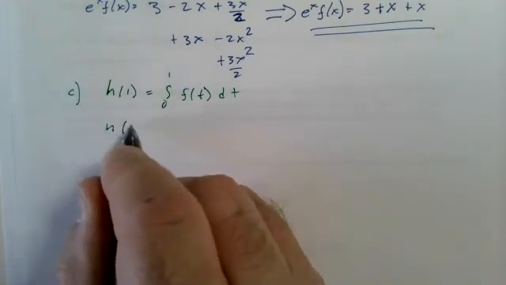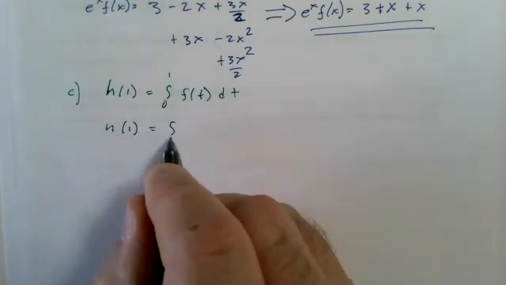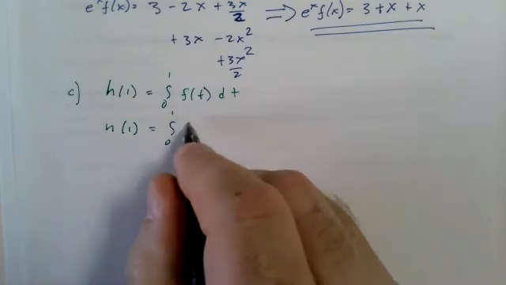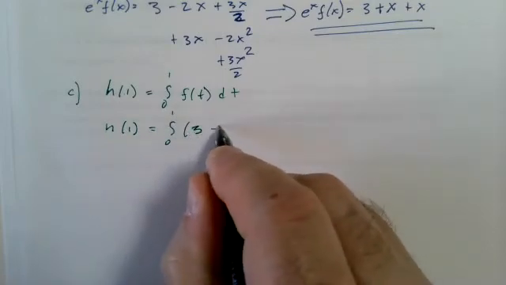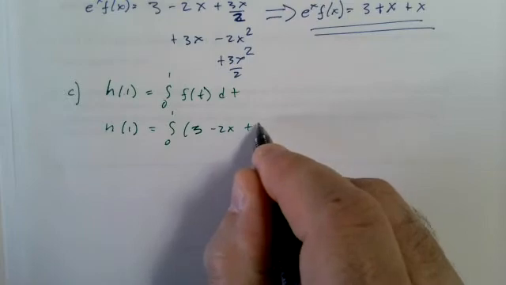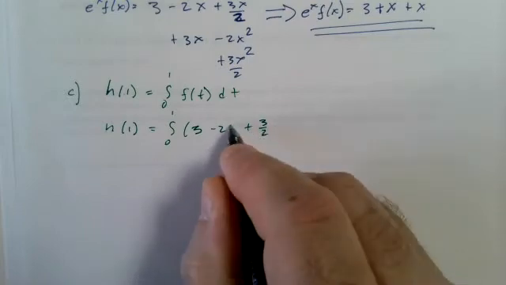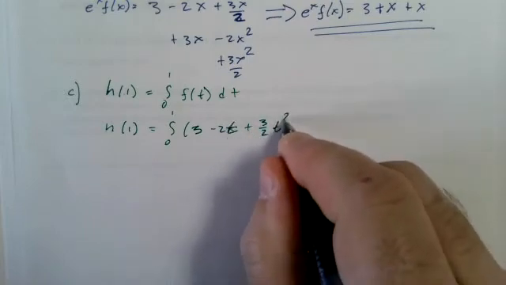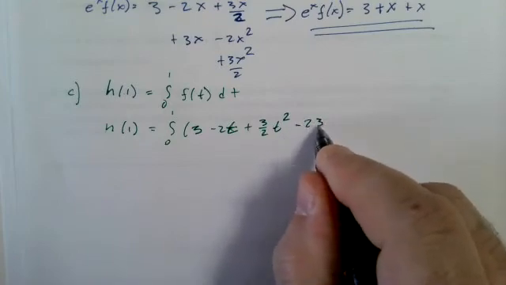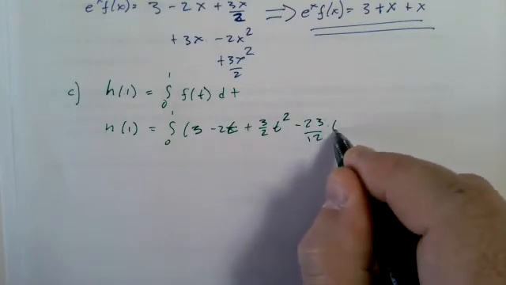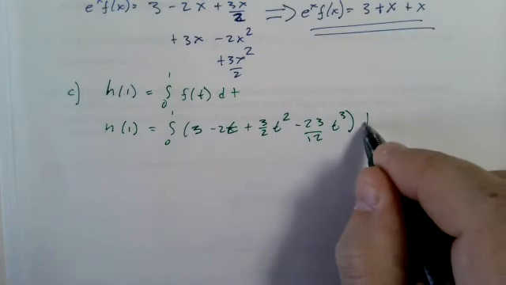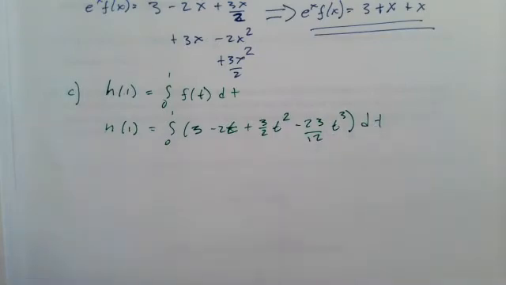So h of 1, integral 0 to 1, 3 minus 2x plus 3 halves. See, I forgot already. T squared minus 23 over 12, t to the third. For those who are terrified of forgetting the dummy variable, I think if you put in an x, you'd be fine.